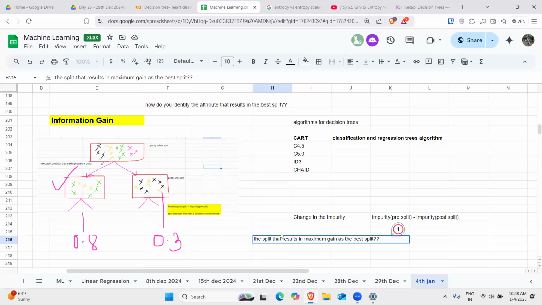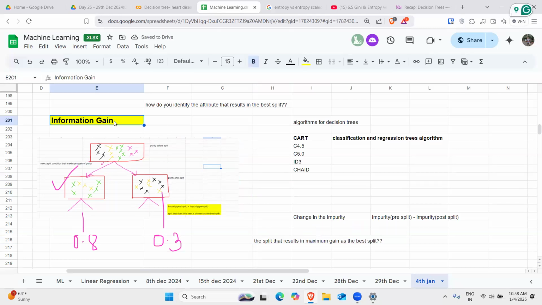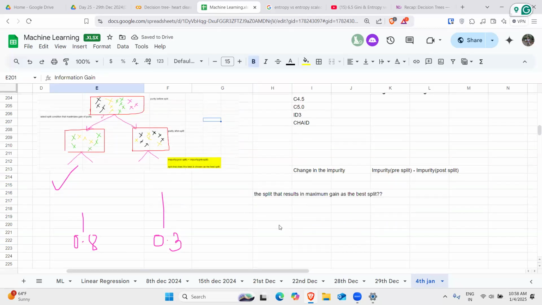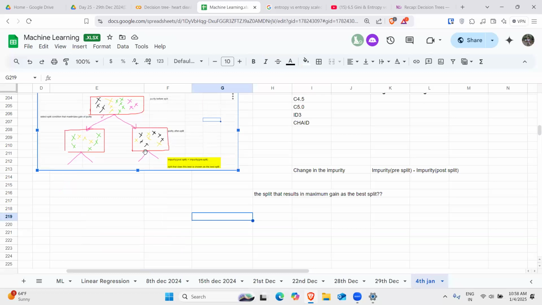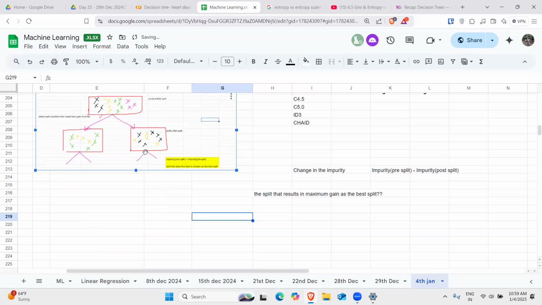Yes or no? To summarize this, this decrease in the entropy is known as information gain. That is nothing but we calculate the information gain, we calculate the change in the entropy, and the change in the entropy should be as high as possible so that that particular point is selected as the best split, right?